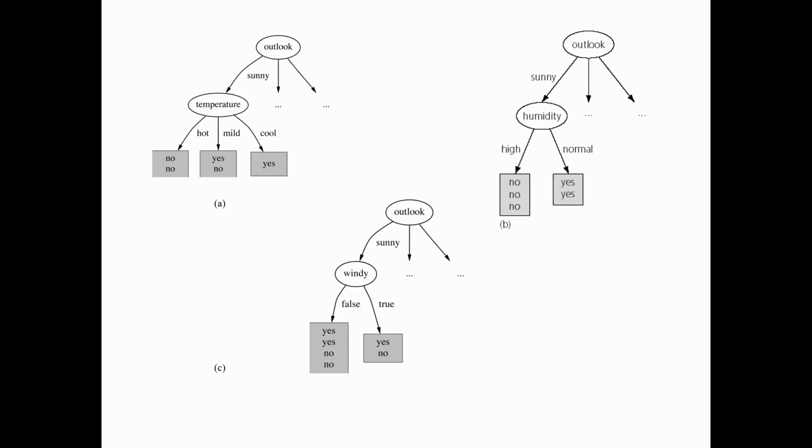Now, here is the next step. This is what I have actually asked you to do. Given there are 5 instances in this branch, we put temperature, humidity, and windy. And this is how it classifies. By looking at these 3 branches, we have 3 models A, B, C. Which attribute do you think is best in this case?